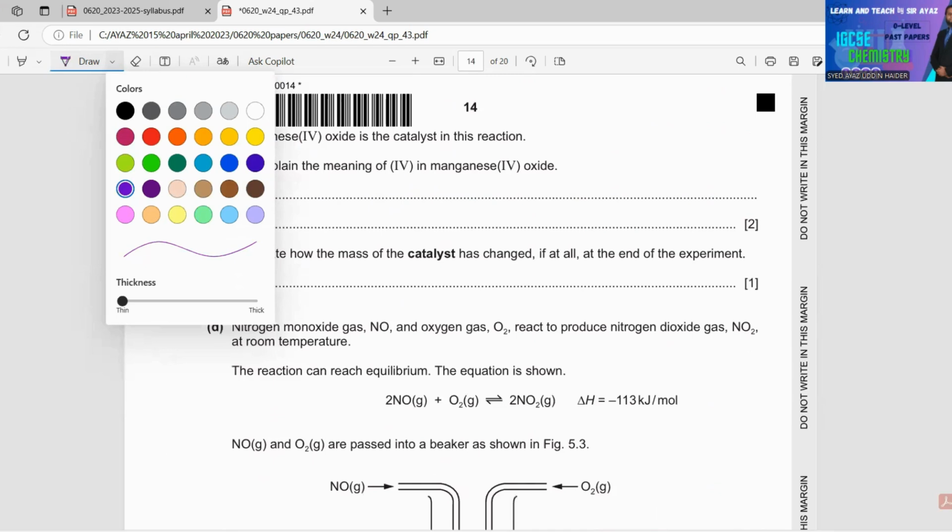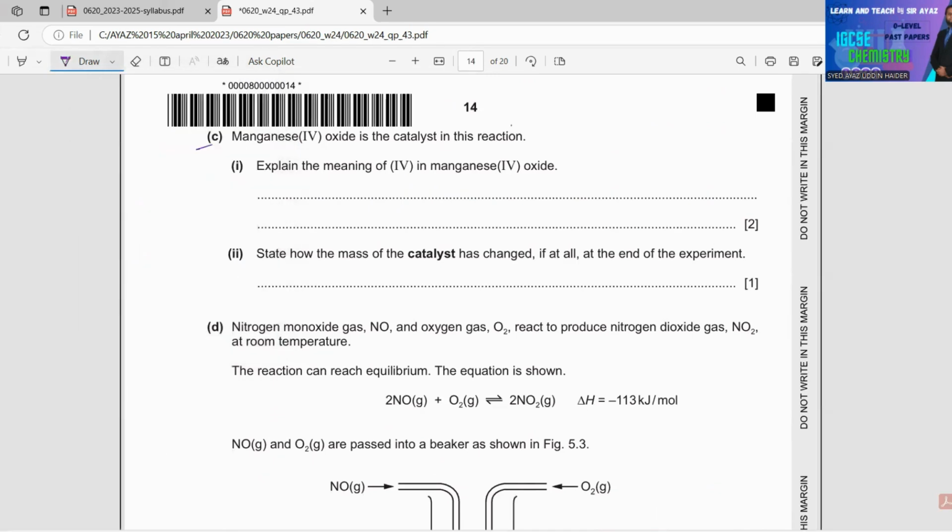Moving to next part. C. Manganese 4 oxide is the catalyst in this reaction. 1. Explain the meaning of 4 in manganese 4 oxide. This number 4 is oxidation number of Mn.